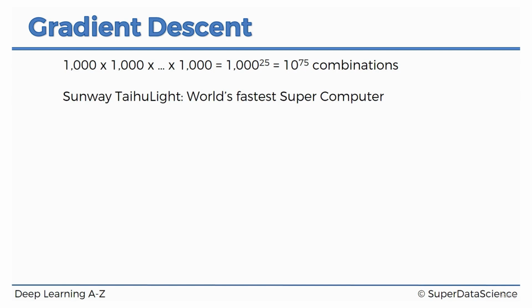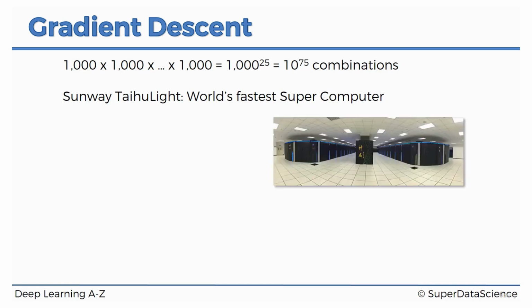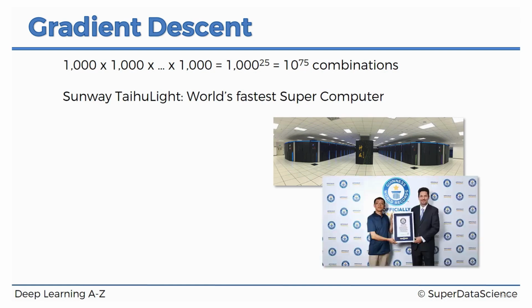So Sunway TaihuLight looks like this. It's a whole huge building for this one supercomputer, and it got the Guinness World Record for being the fastest supercomputer. Right now, it is the fastest supercomputer in the world, and it can operate at a speed of 93 petaflops. Flop stands for floating point operation per second.